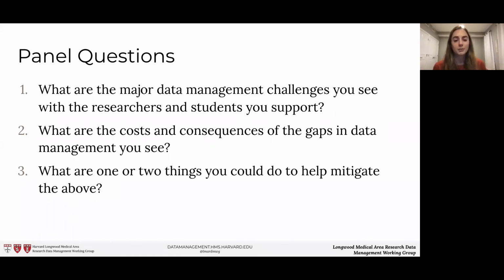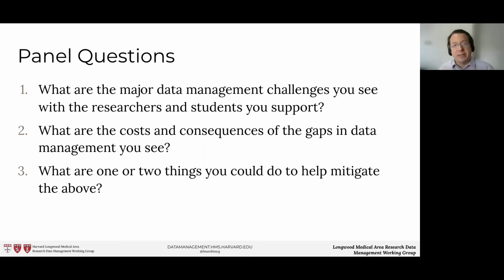And like Melissa was saying, a lot of these members are just being nominated as a lab data manager. They might not have previous knowledge about what data management means, and they're just picking it up because they were nominated by their PI. So I think these resources are really important to disseminate across the LMA at HMS, because they'll make some of these data managers' jobs easier by giving them foundations to begin with.